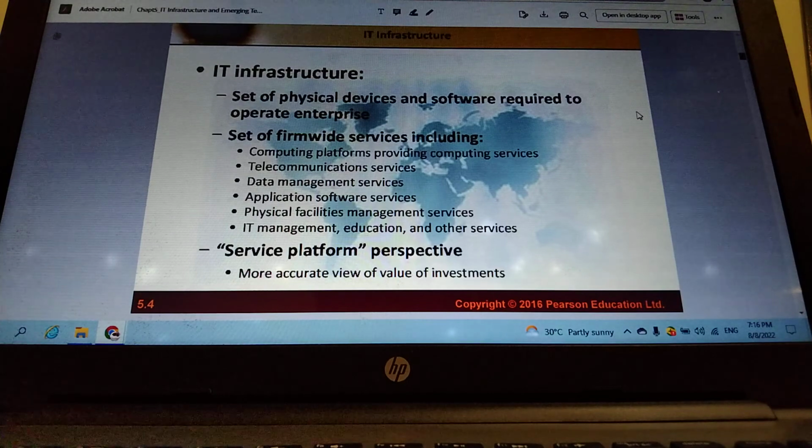Set of firm-wide services. If you are not really having any products, you might be providing services, then this second definition will be more useful to your business. A set of firm-wide services including computing platform providing computing services, telecommunication services, data management services, application software services, physical facilities management services, IT management, education, and other services.